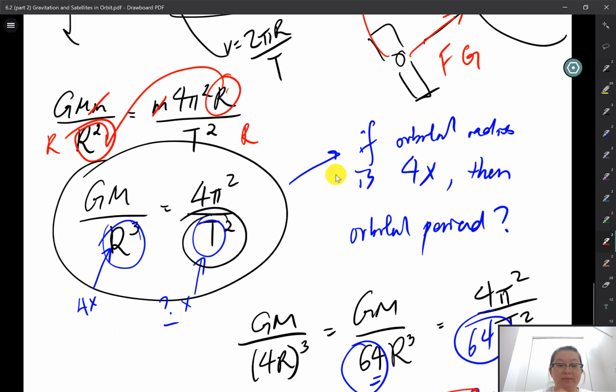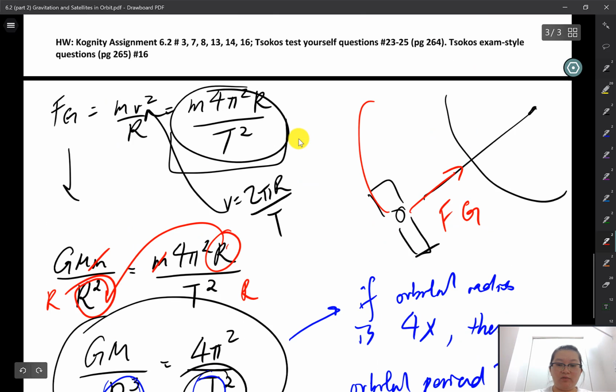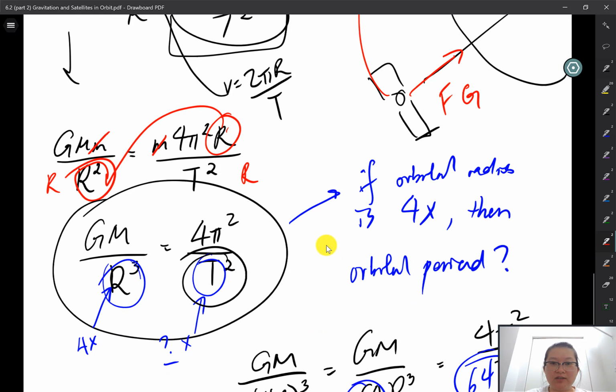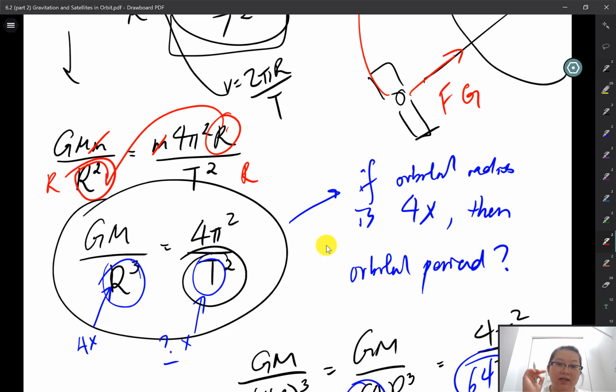This has to do with the orbital radius. Hopefully this bonus question gave you a chance to really think about the relationship of the orbital radius and the period.